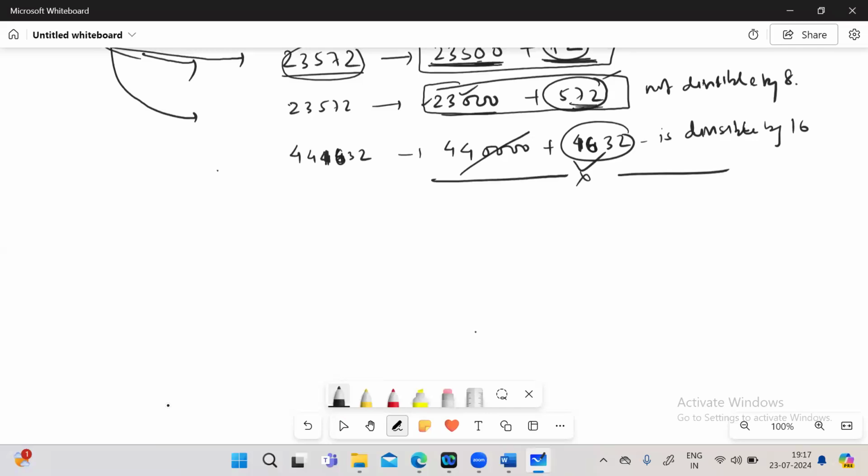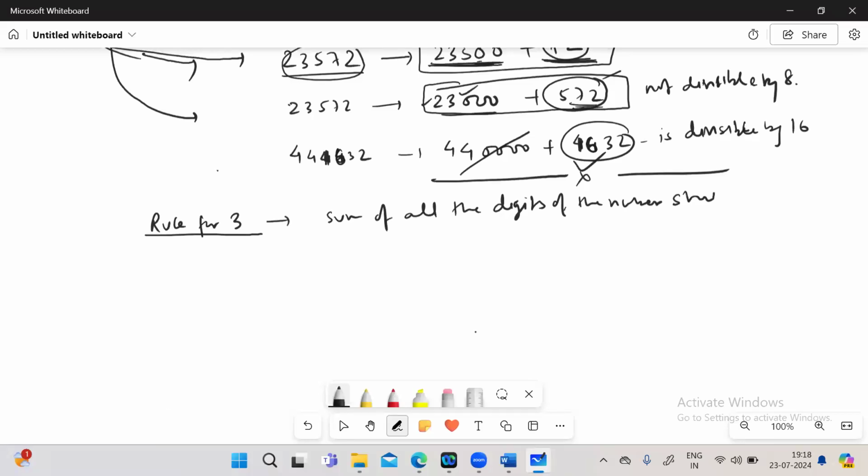So what is the divisibility rule for 3? Sum of all the digits of the number should be divisible by 3.